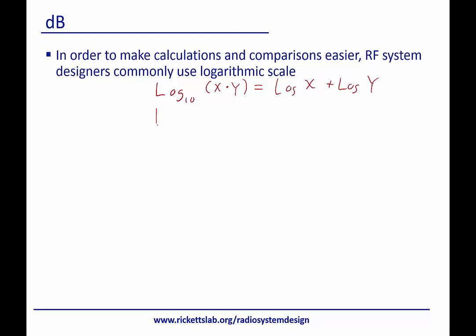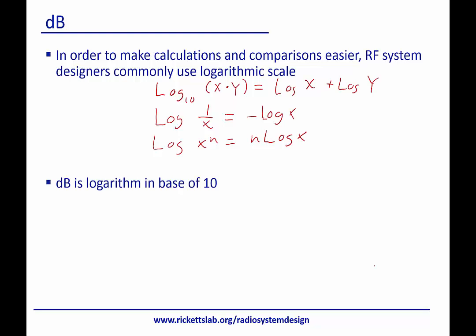Just a couple other real quick ones. Log of 1 over x is simply minus log x. And then, of course, log of x to the n is n log x. Okay? dB is a logarithm based upon 10, and we write dB is simply 10 log 10 of the number.